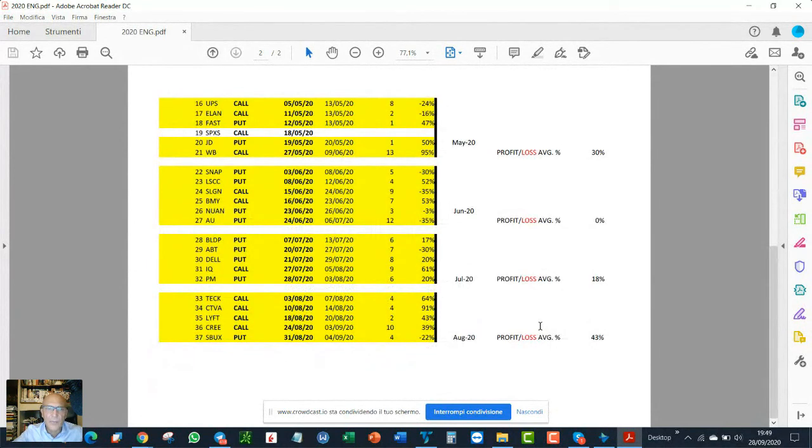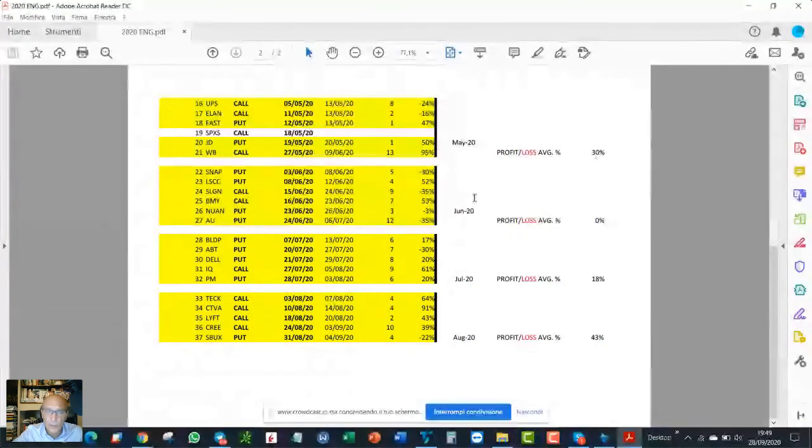Then we had May. In May we had 1, 2, 3, 4, 5, 6. The average number of positions that we usually have is one a week. Usually, okay. And this month we performed 30%. 30% is quite interesting, okay, for a month.